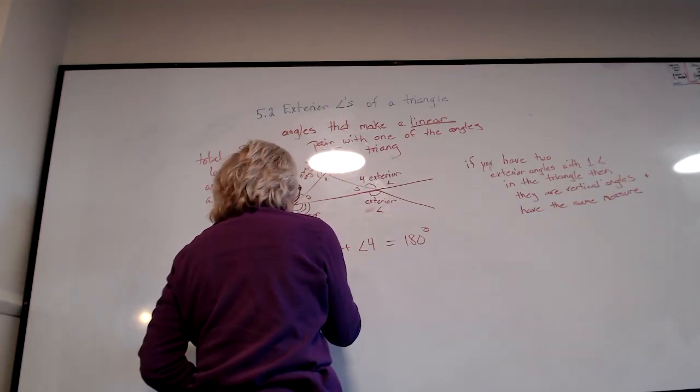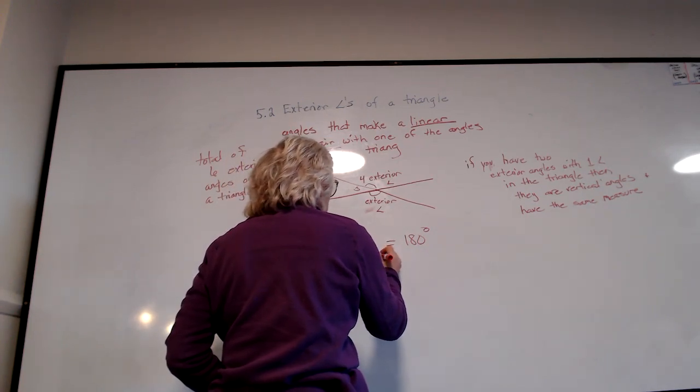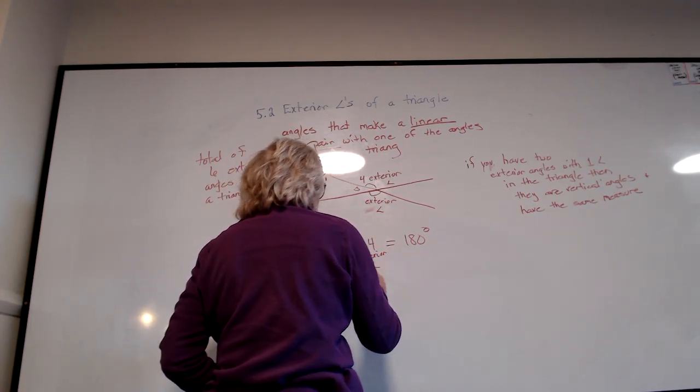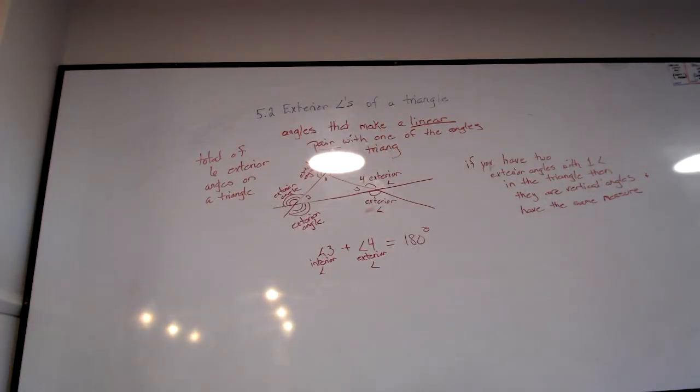So this is the interior angle plus the exterior angle, and by definition the interior and exterior ones are linear pairs, they're right next to each other, and they must equal 180 degrees. Okay? So that is some things that you can gather about exterior angles.